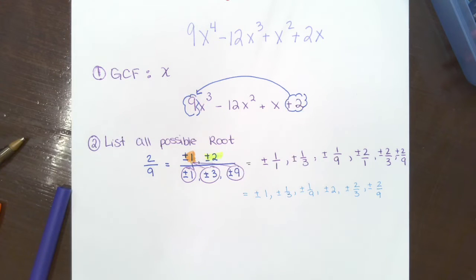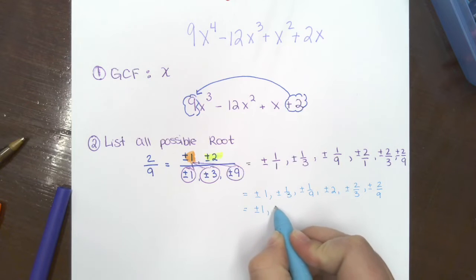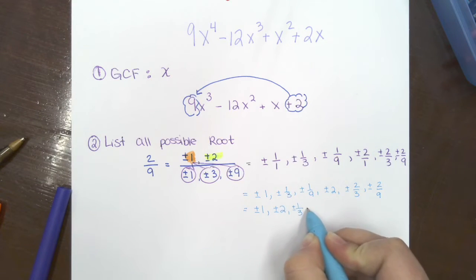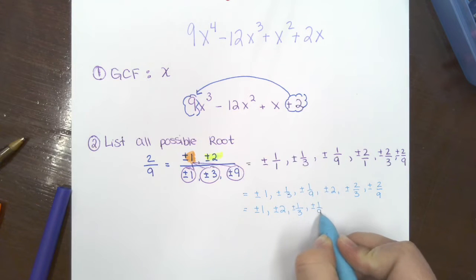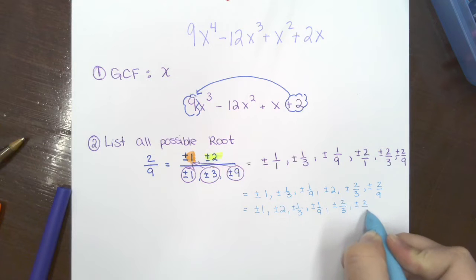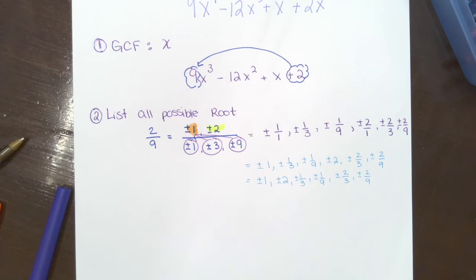If you simplify your fractions and you get repeats, only write them once. We don't need them. I am going to rearrange this one last time. We want our whole numbers first. The fractions don't really matter. Their order usually is just listed out. The reason we want our whole numbers first is because we want to check these whole numbers first to make sure they work or they don't.